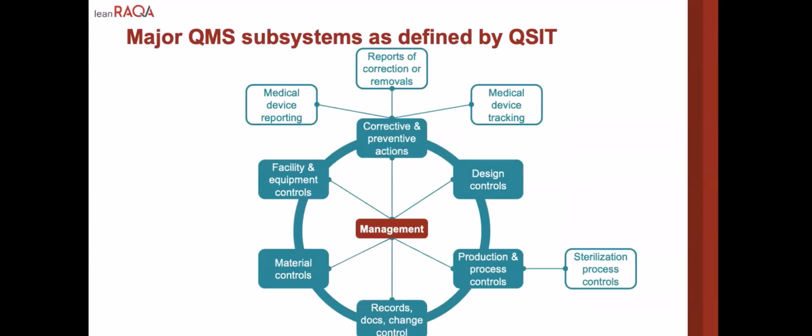So this is what QSIT looks like. The FDA considers management with executive responsibility at the hub of the entire quality system. If you include management, you've got seven primary subsystems, and two of those subsystems have further specific things that the FDA looks at as a subset.